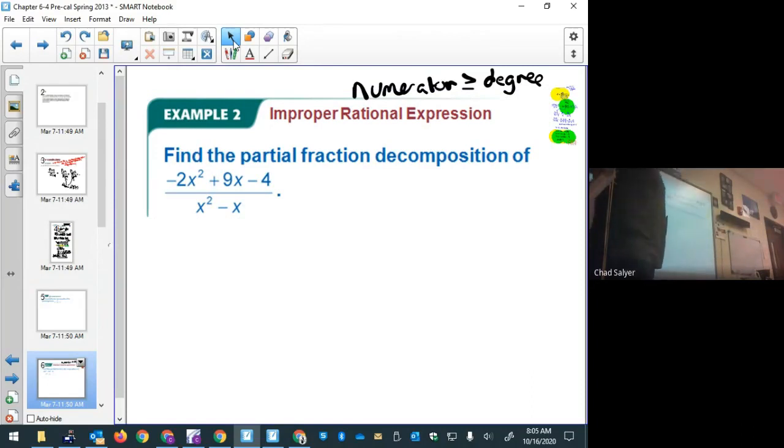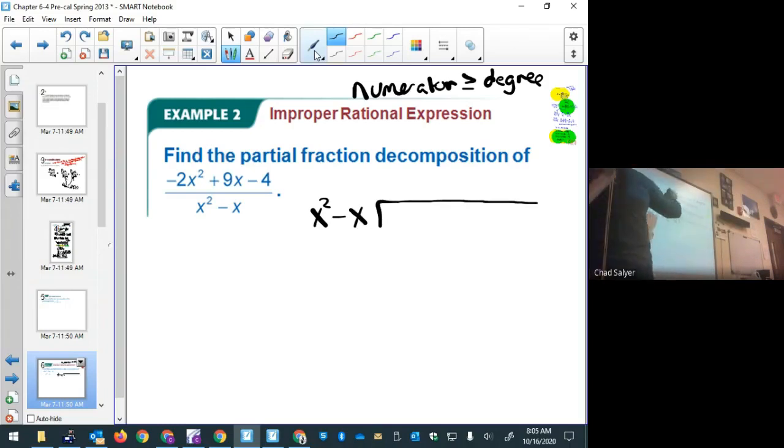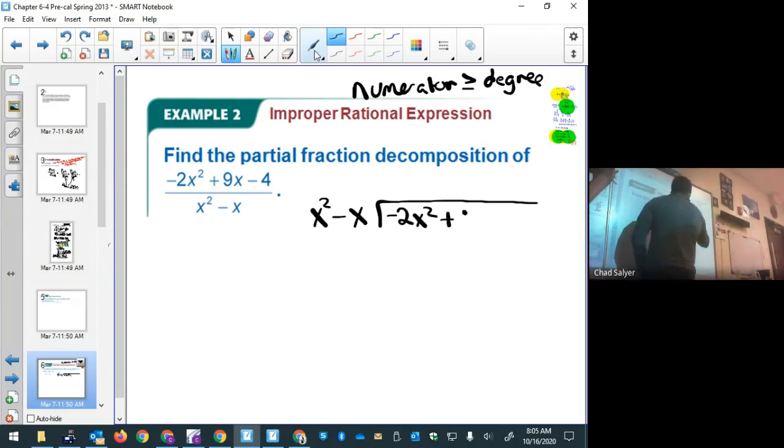So what we have to do first is the division algorithm. Take the denominator and set it as the divisor outside the house, the numerator and set it as the dividend inside the house, plus 9x minus 4.